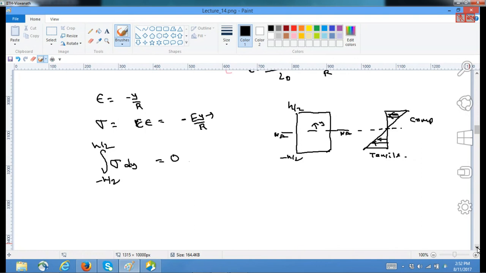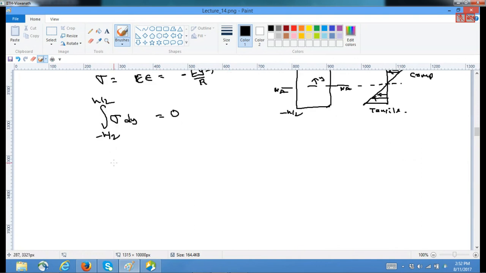we take the same thing and do sigma y dy, then using the above term, I can write it as minus Ey by R into, let us also multiply the area. So once you multiply the area, what you'll get is equal to the moment.